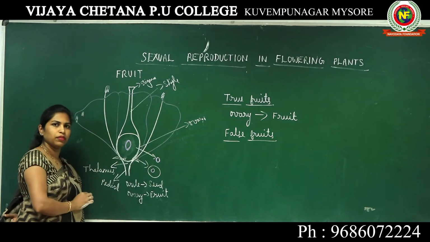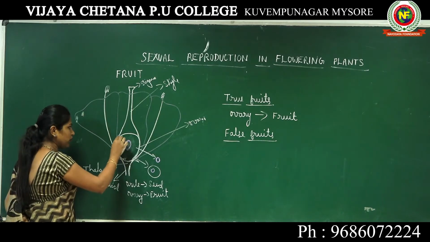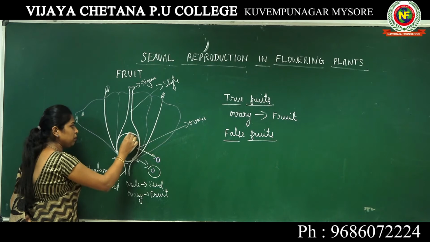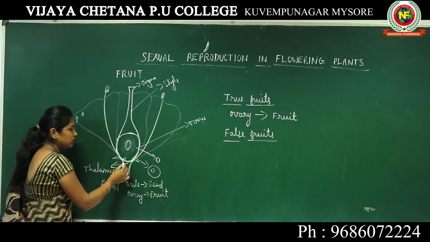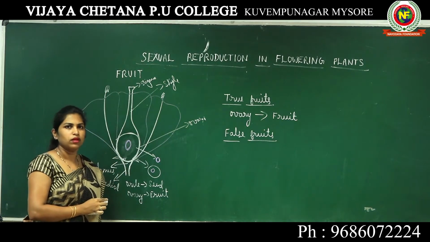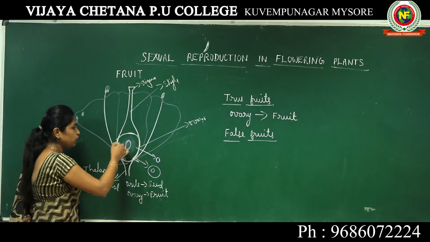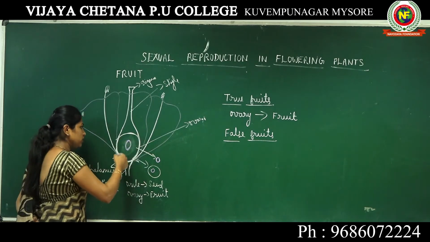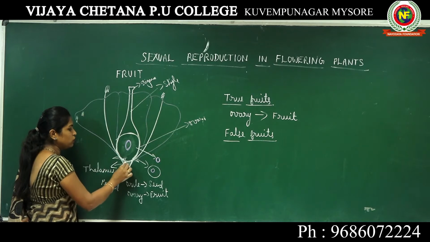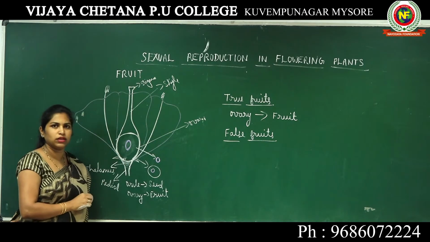Sometimes when the ovary part is developing into a fruit, this thalamus region also helps in fruit formation.